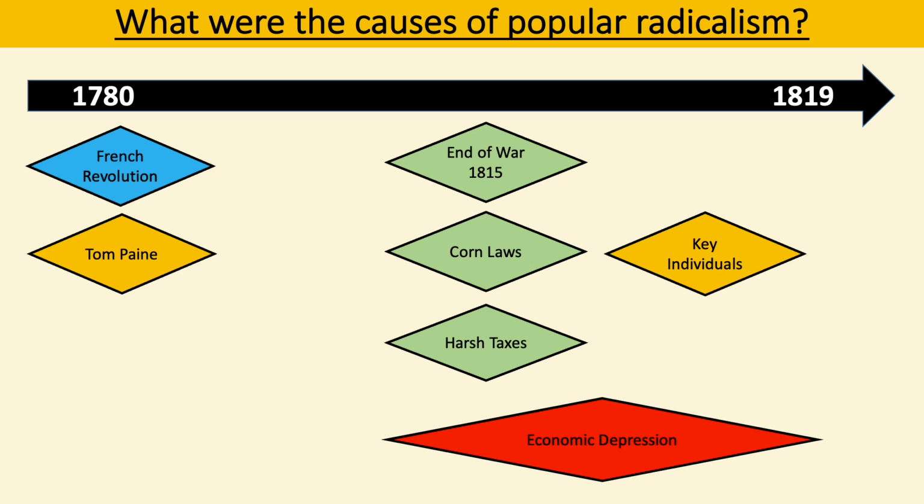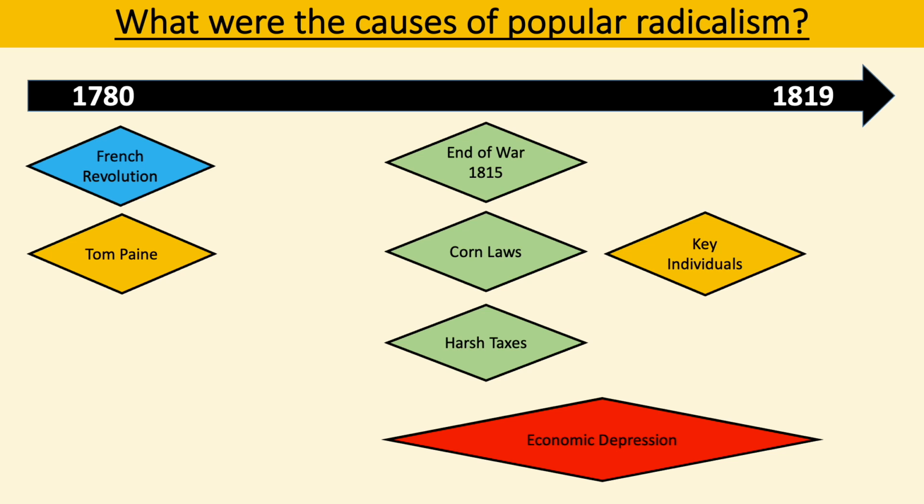What you can see on this slide then are the suggestions for how you would break this into your essay. Remember, to hit level 5, you have to show 75% of the time period. So you need to make sure you have covered the majority of the time from 1780 to 1819. So this kind of shows you how I would suggest you map it out. With paragraph 1 focusing on the French Revolution and Tom Paine.